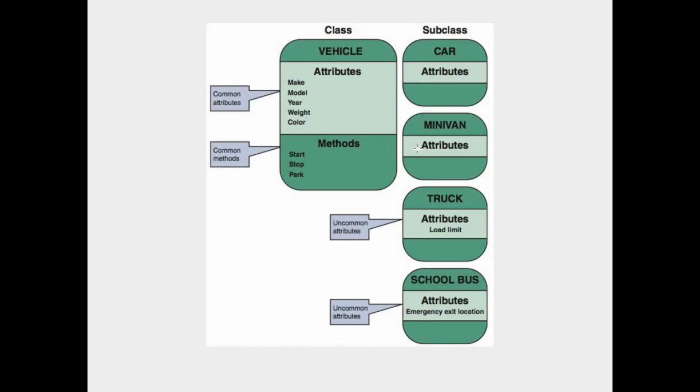Now, what is the specialty of the subclasses? Subclasses can have very specific attributes or very specific methods. So for example, you can see here the truck. We have a load limit. It's an uncommon attribute. That attribute is specific only to truck.